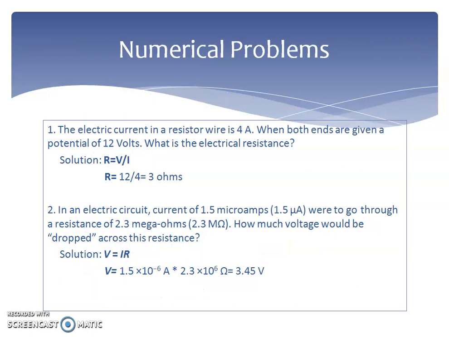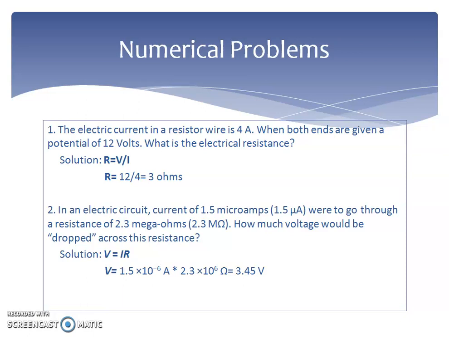Now we will discuss the numerical problems related to Ohm's law. Our first problem: the electric current in a resistor wire is 4 amperes when both the ends are given a potential of 12 volts. What is the electrical resistance? So what is given to us?